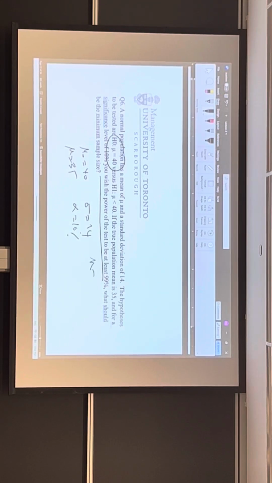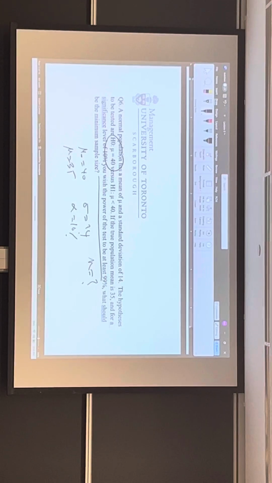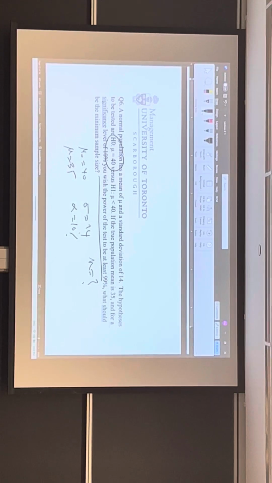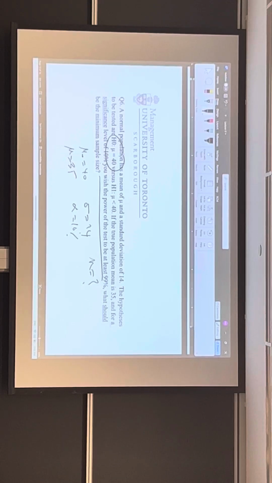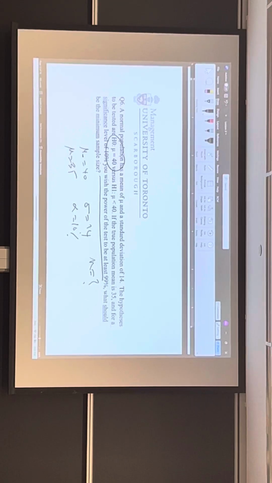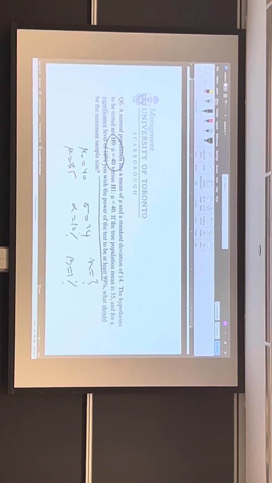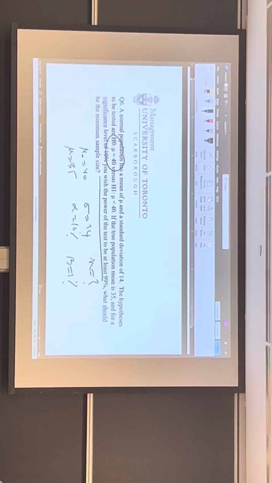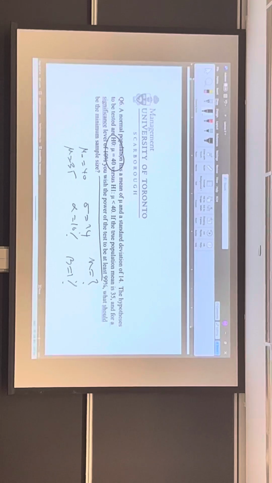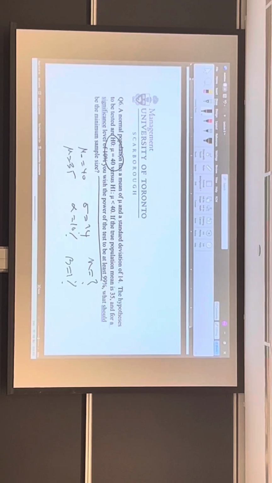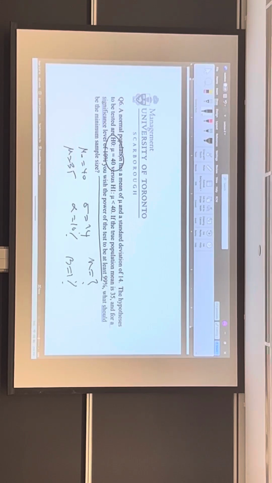Choose a sample size large enough to achieve that. If the power is at least 99%, what would be the beta at most? With the power of 99%, what would be beta? 1%. The beta would be 1%. So the question basically tells you find the sample size such that the beta is at most 1%. That's what the question says. Alright?